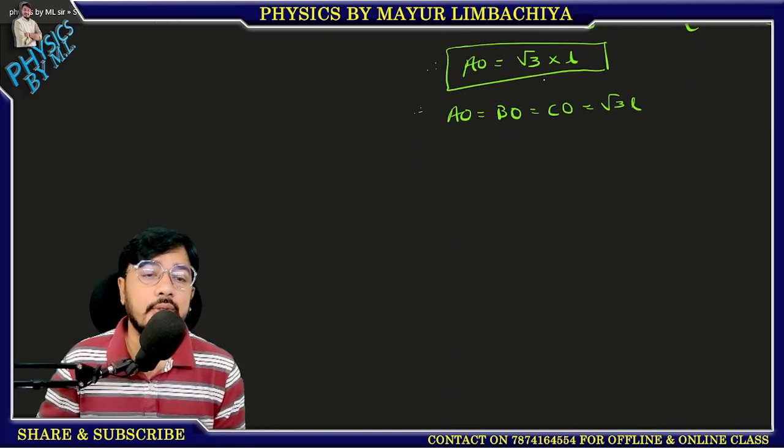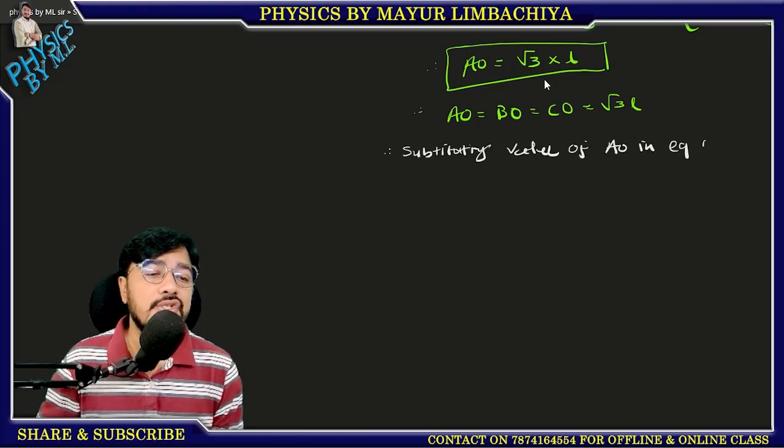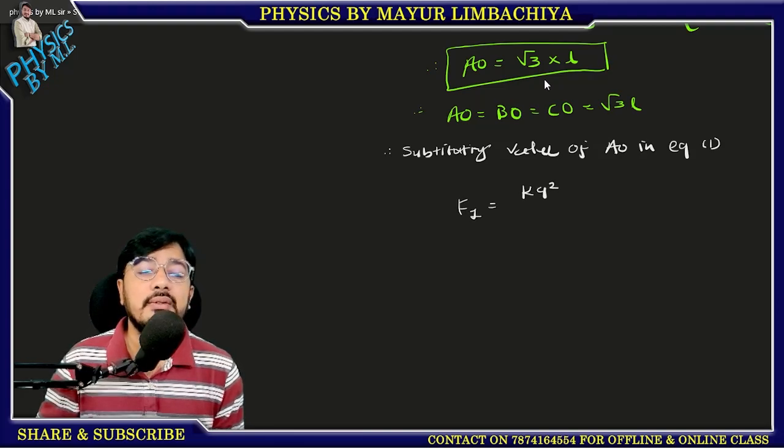Fine. So now I can substitute this value here in equation number 1. Substituting the value of AO in equation 1. So dear students, can I write F1 is equal to KQ square divided by, now what is AO? AO is L by root 3, whole square.